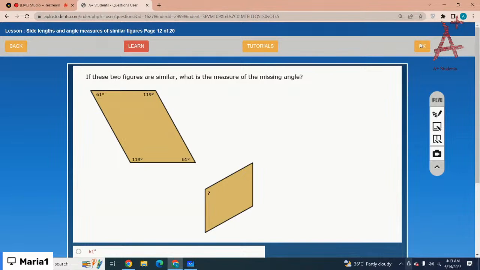Okay, if these two figures are similar, what is the measure of the missing angle? So which is the correct option? Which option is the correct one?